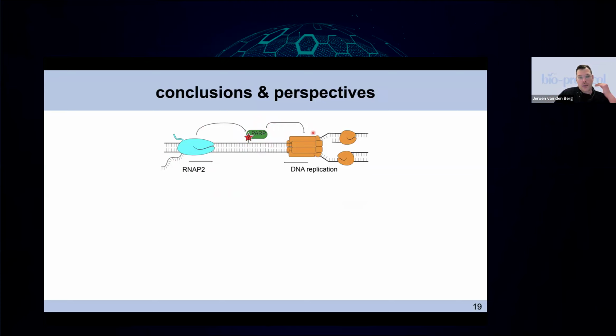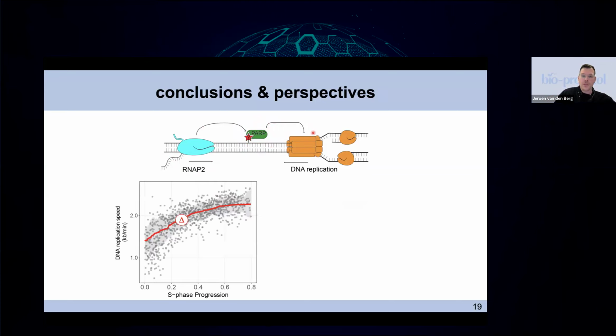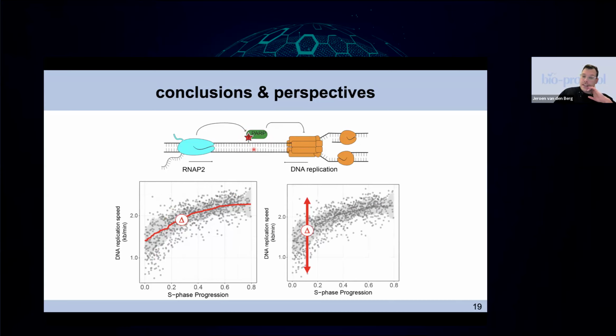As for our own perspectives, what we want to do in the future is really dive deeper into what dictates this increase in DNA replication speeds over S phase. So you could interpret this as the question mark here. But also a very interesting observation is that there's quite a bit of variability of DNA replication speeds between cells that seem to be replicating the same stretch of genome.